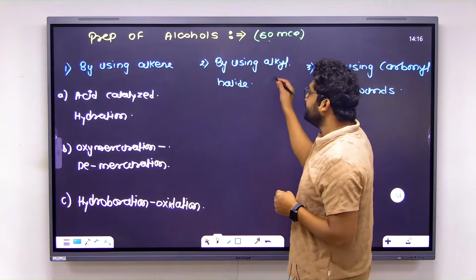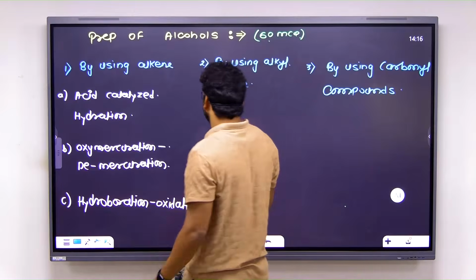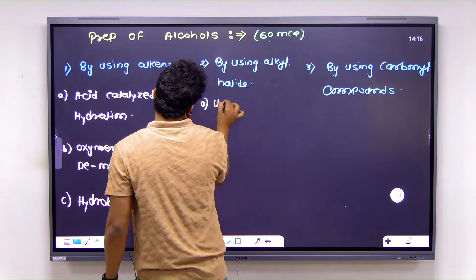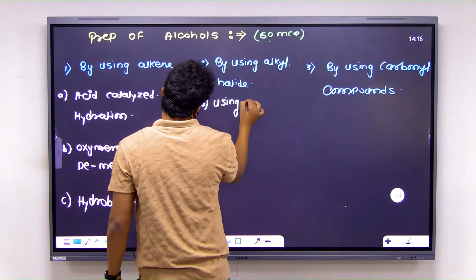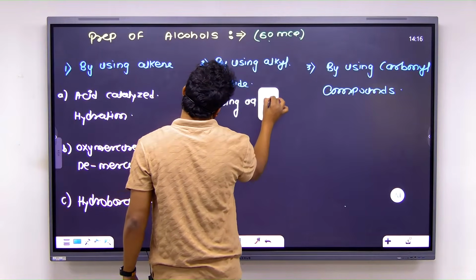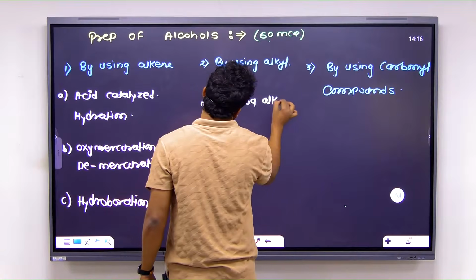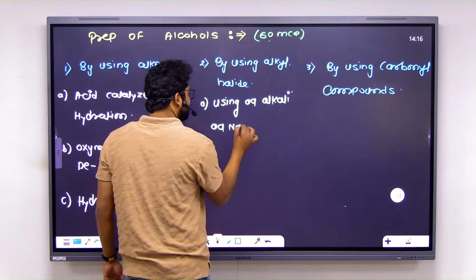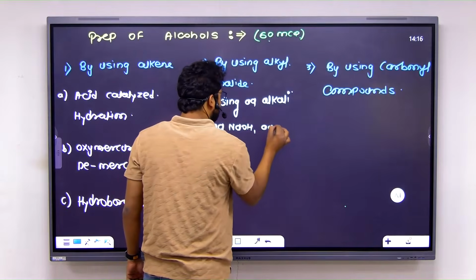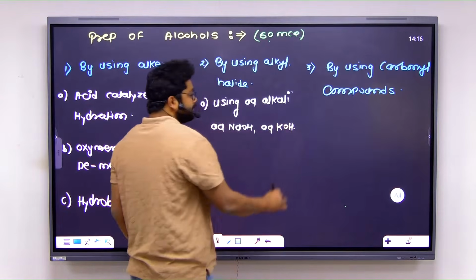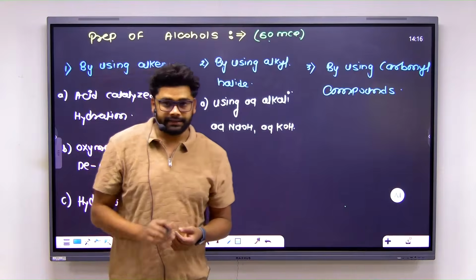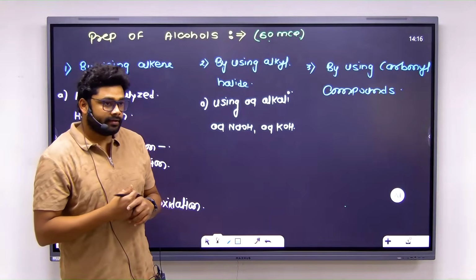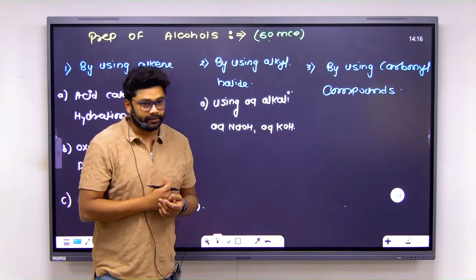By using alkyl halide, there are two methods. First is A, using aqueous alkali. And you know aqueous alkali are aqueous NaOH or aqueous KOH. We already discussed this part as SN1 and SN2 reaction in halogen derivatives of alkanes and arenes.